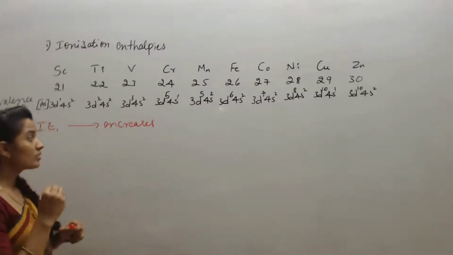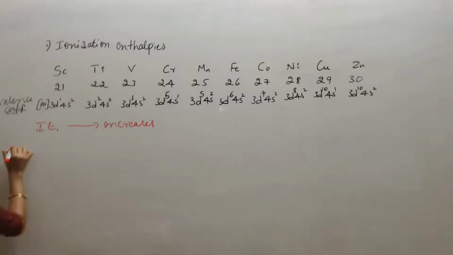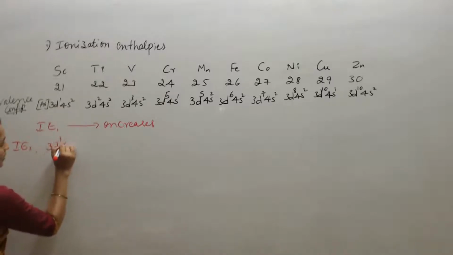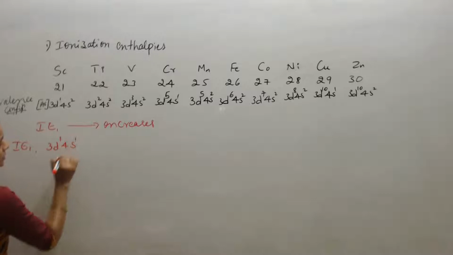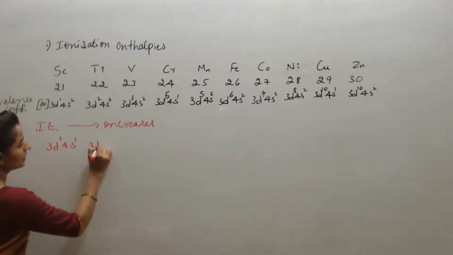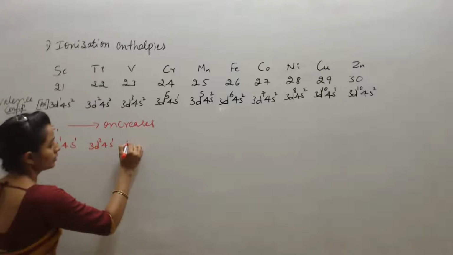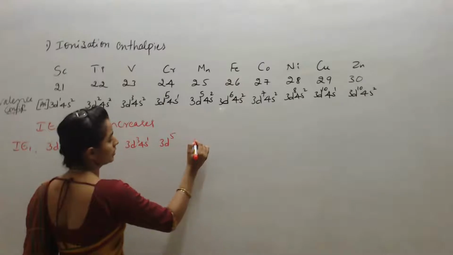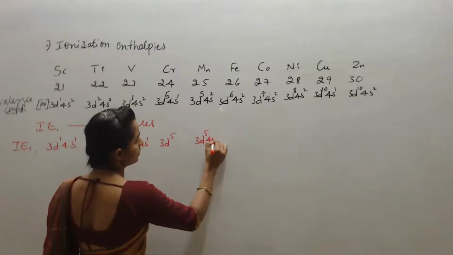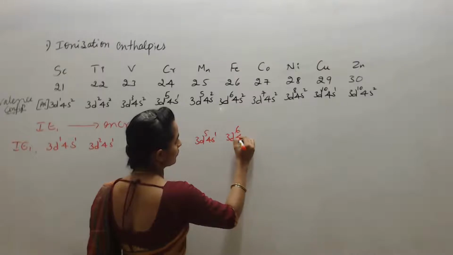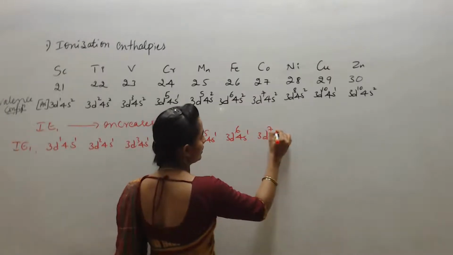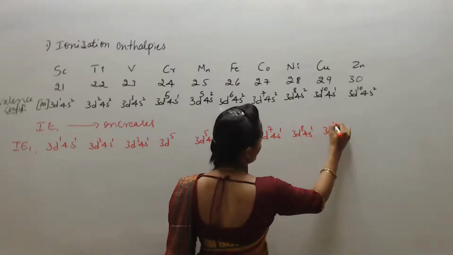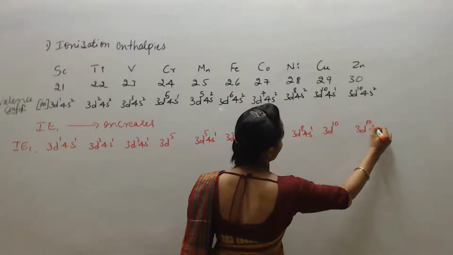Then, if we come to the second, assume after first ionization the configuration is 3d1 4s1, 3d2 4s1, 3d3 4s1, okay, 3d5, 3d5 4s1, 3d6 4s1, 3d7 4s1, 3d8 4s1, 3d10, and 3d10 4s1.